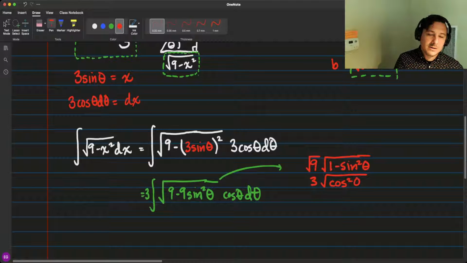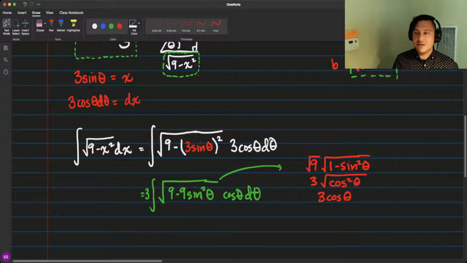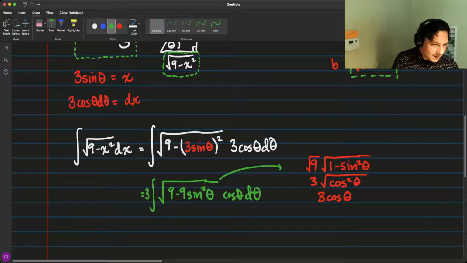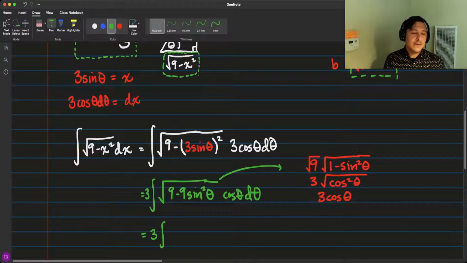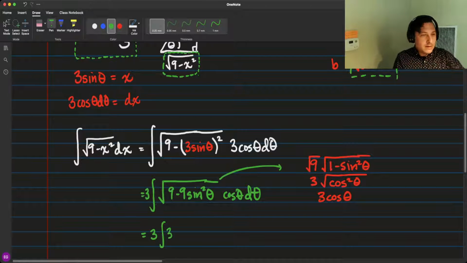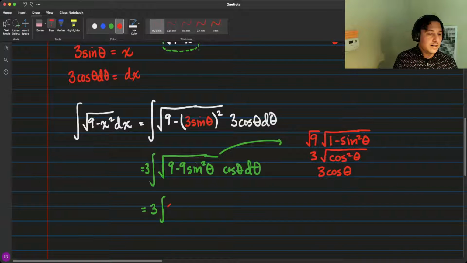Because you see how the square root and the square cancel? So you get 3 cosine theta. Which means you now have 3 times the antiderivative of the square root of 9 minus 9 sine squared theta becomes 3 cosine theta.